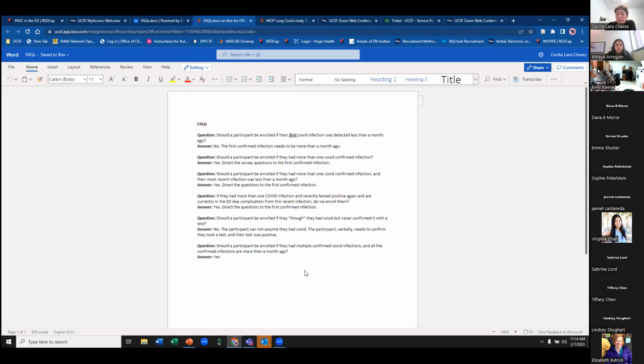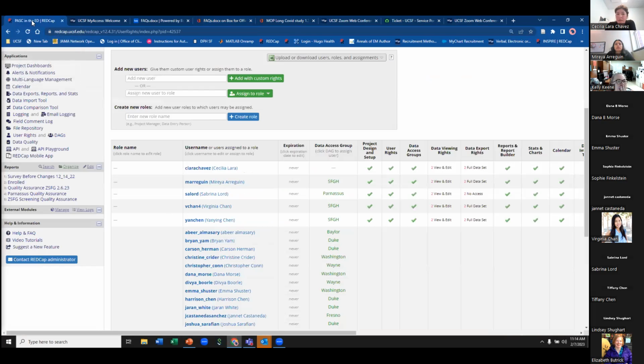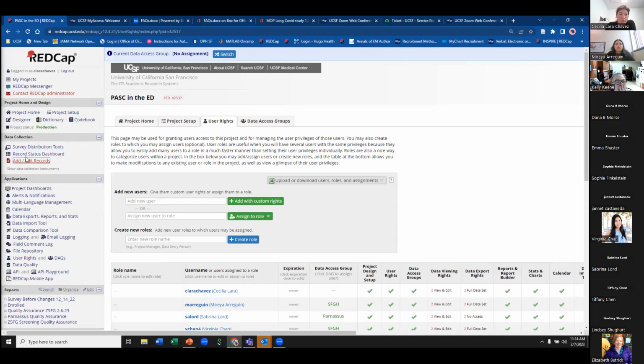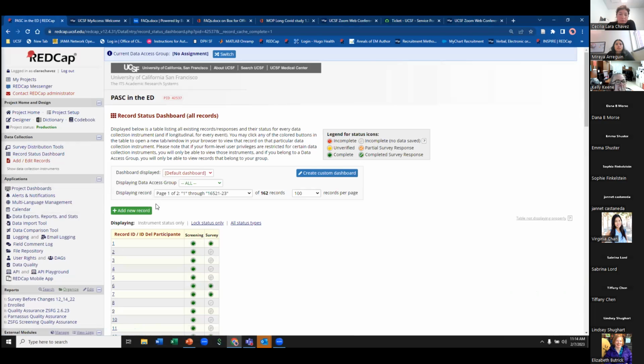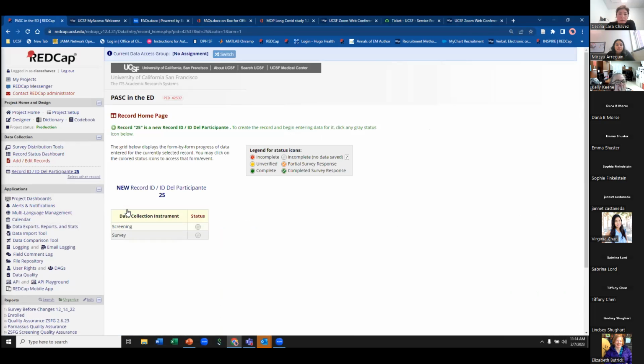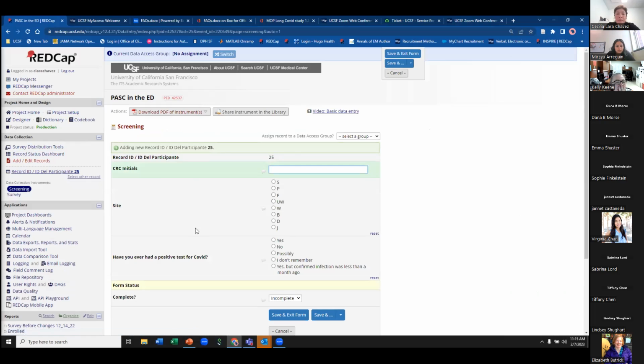Okay. And then the last thing that I'm gonna do is an example. So this is how the REDCap is gonna look. The screening part is here. You're gonna write your CRC initials, your site, and then you're gonna ask the patient if they've had a positive COVID test.